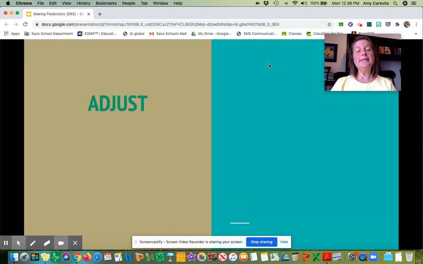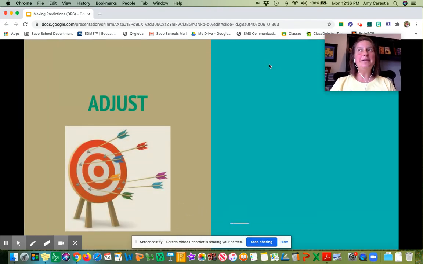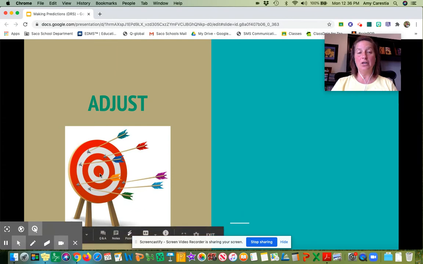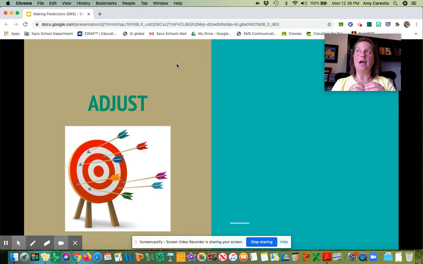Okay, adjusting takes a little bit more perseverance and persistence. So when you adjust a prediction, it means that your prediction was not on target. Maybe some pieces were accurate, maybe a lot of the pieces weren't accurate. There's some truth to it, but overall, you have to adjust it.